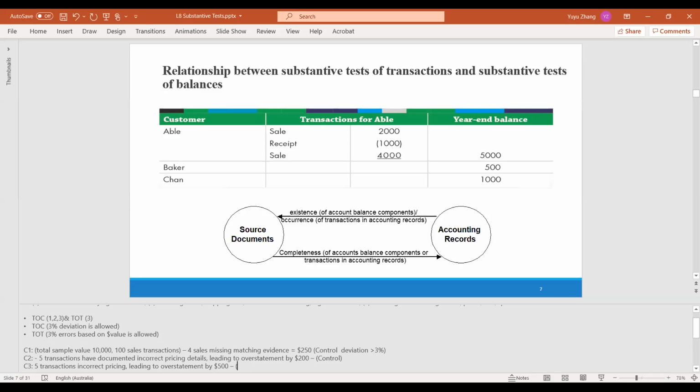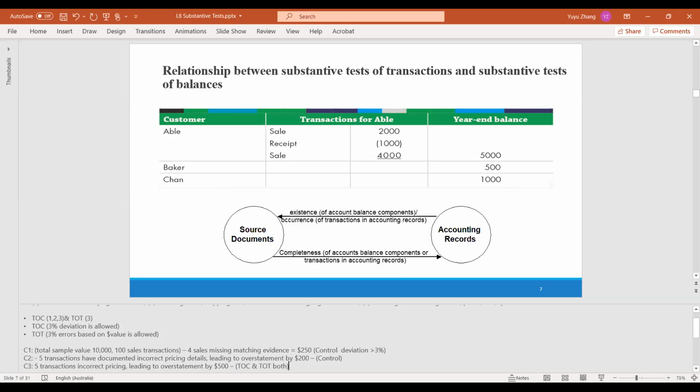So in this case, what is your concern? Both, as there are still 5 transactions, which is 5%, and it's over the $500, so it's both test of control.